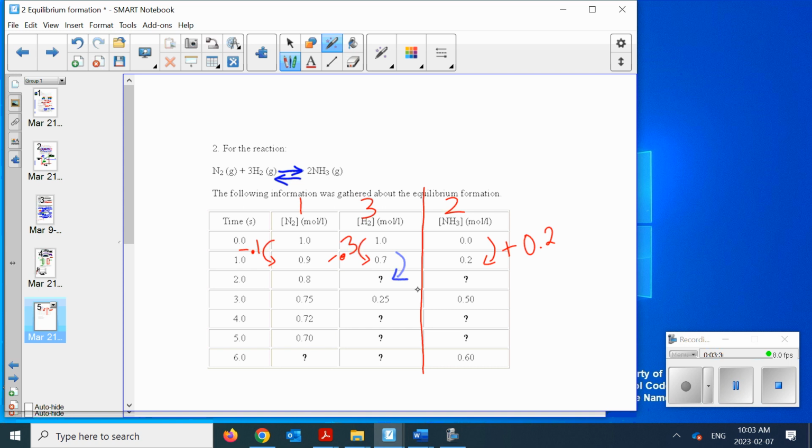But what's 0.7 minus decimal 3? 0.4. We're all learning together. And if that side goes down by decimal 1 for the N2, I like comparing 1 to 2, 1 to 3, so I don't use the H2. Anyway, this goes up by decimal 2, so we're going to decimal 4.